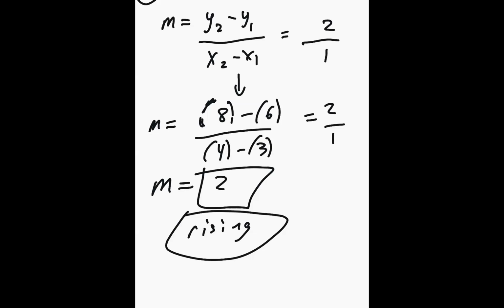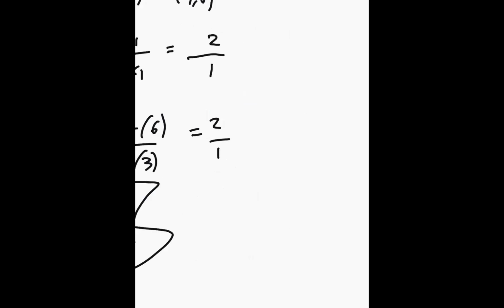Then our last problem for today is number 11. It says f of x equals negative 3 over 5 x plus 4. I really like this kind of problem.